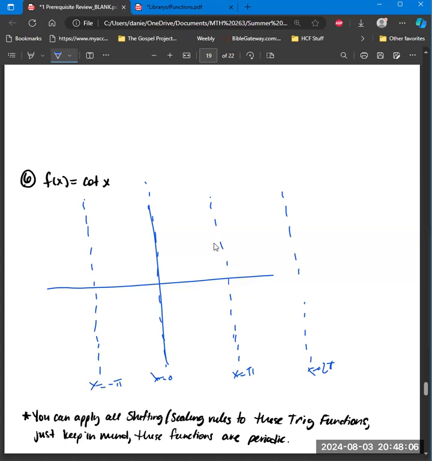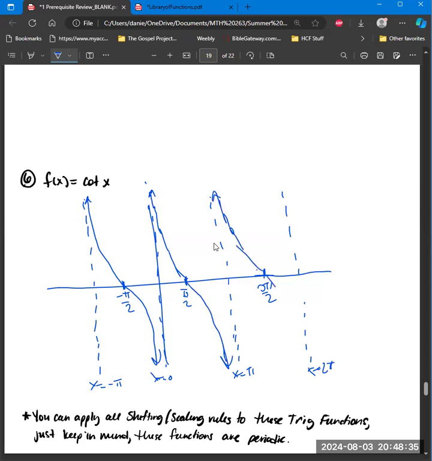And the things that were asymptotes before for tangent are now the zeros. Where tangent was increasing, this is decreasing, like this, because we took the reciprocal. And so on. It looks like that. So that's the only one that I didn't have a graph for.